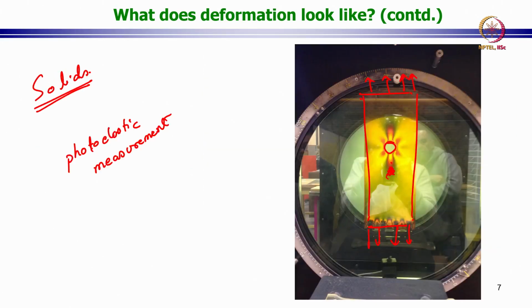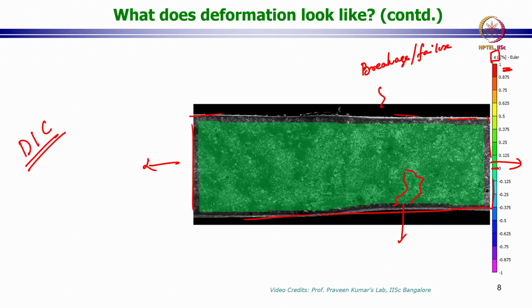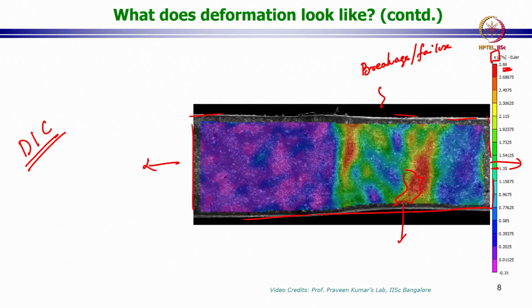And then we also discussed this photoelastic measurement that I showed you, this picture where you see these fringes in this plastic on this beam structure that we see here. And then we saw digital image correlation analysis of the strain.